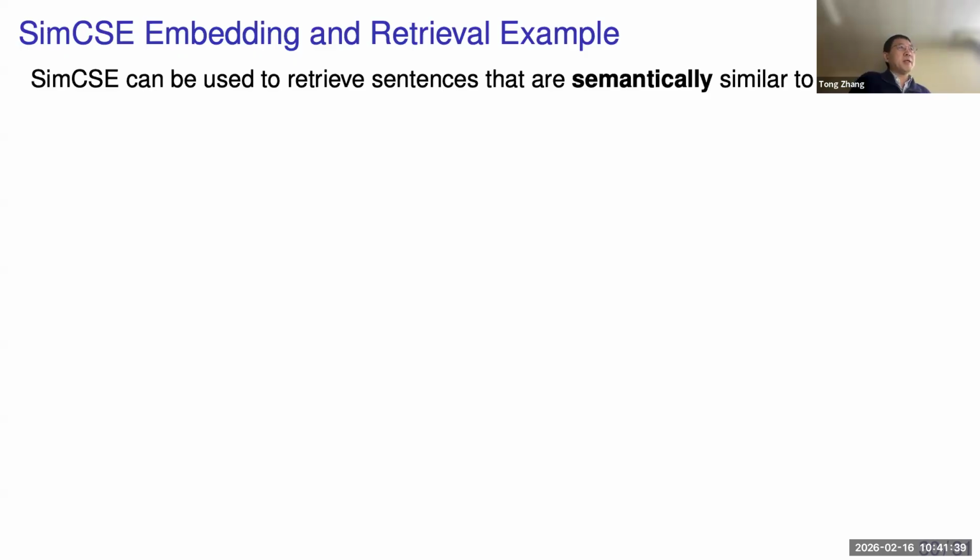SimCSE embedding and retrieval example. Here I'm just showing how people usually use the embedding. A lot of things, which we'll talk about in the second part, are solved by LLMs, even classification and so on. They could be used for classification, but people less so.